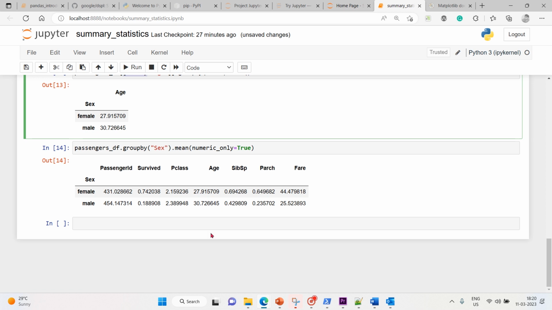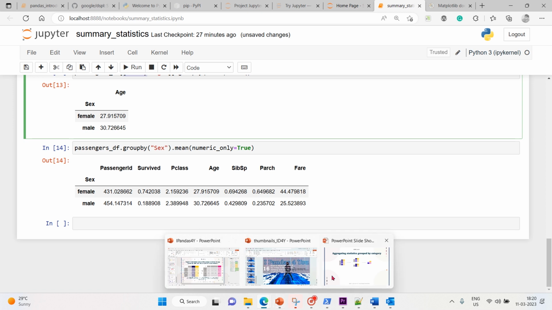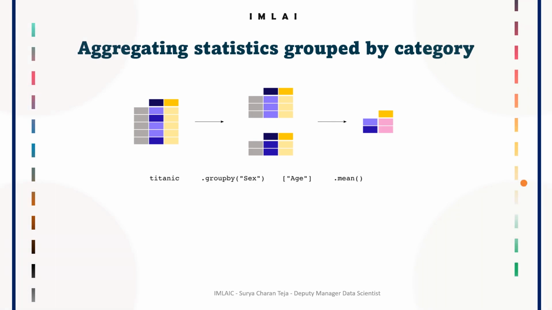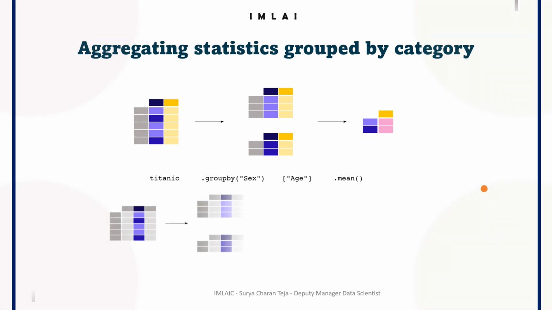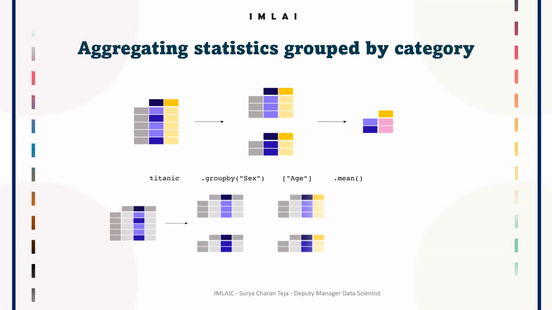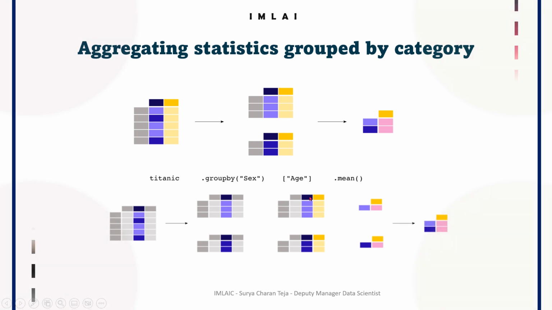Okay, so let me show you what happened here. Getting back to the slide, this is our main data, and it's been grouped by sex. After the group by sex, we select age, and finally apply a mean. Whatever happened on top, I am just explaining.